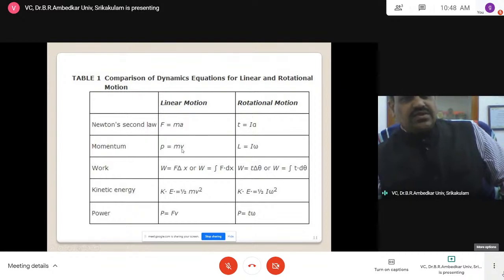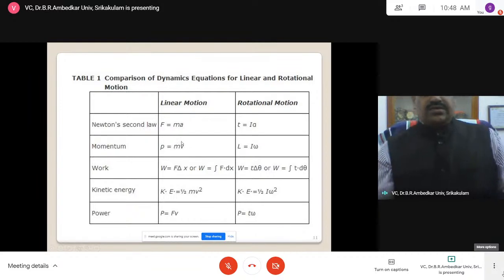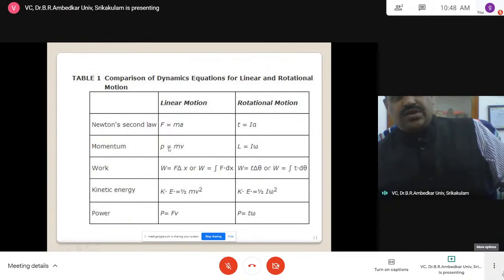That is the rate of change of momentum. The term in brackets is called the momentum, mass into velocity. Mass will be replaced by mass moment of inertia, and linear velocity by angular velocity. Power is equal to Fv, that is, force into velocity.